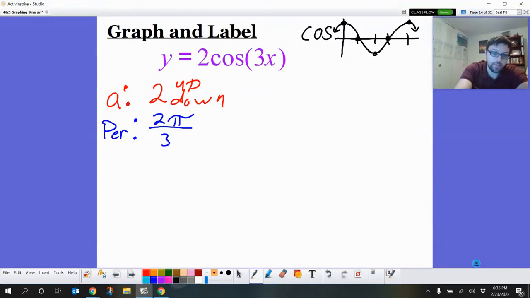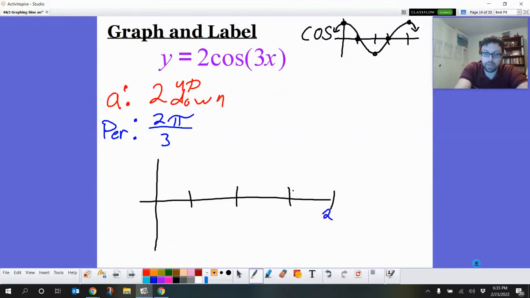Now that might sound like a scary number, but that's not going to change what I do. I still draw 4 tick marks. 1, 2, 3, 4. And I write whatever my period happens to be. I don't care what it is. So 2 pi over 3. Done. I want to cut that in half. So if I cut that in half, I only have 1 pi over 3.